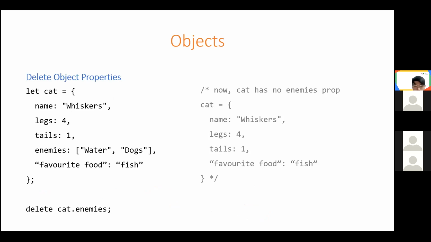What if I want to delete properties? You can do it through the delete keyword: delete some object's property. At the end, you'll see that I have no enemies here. Enemies is deleted from the properties of the cat object.